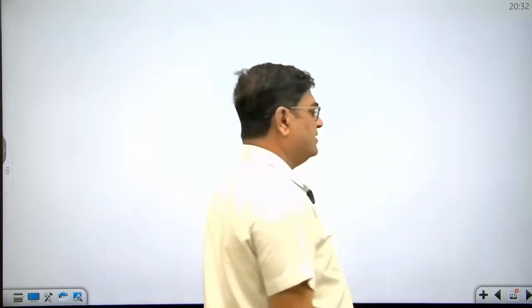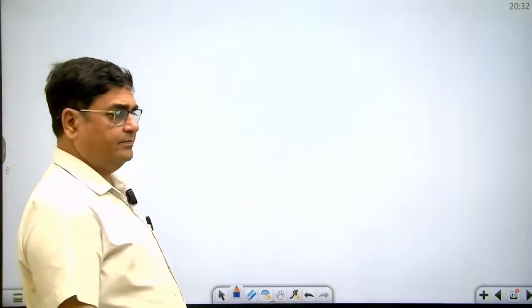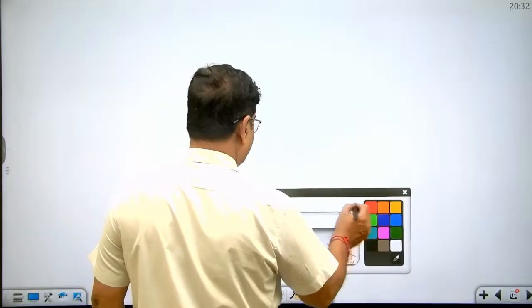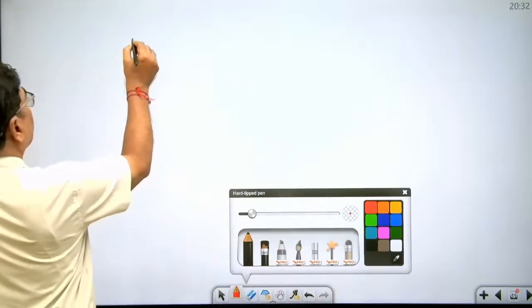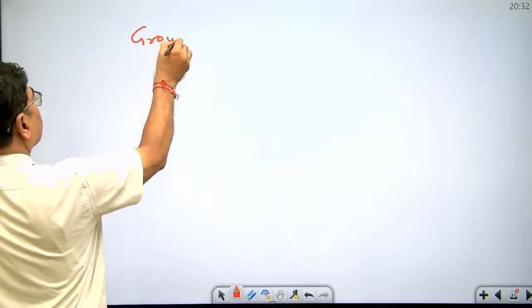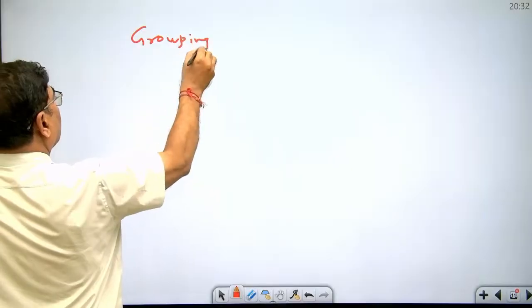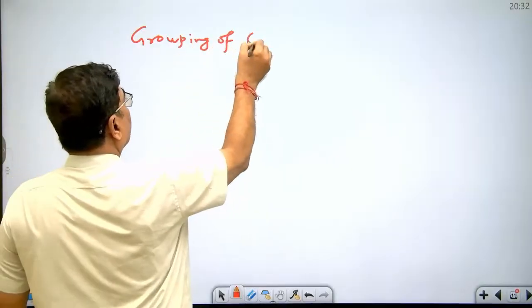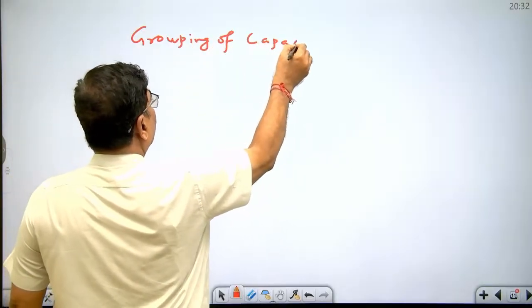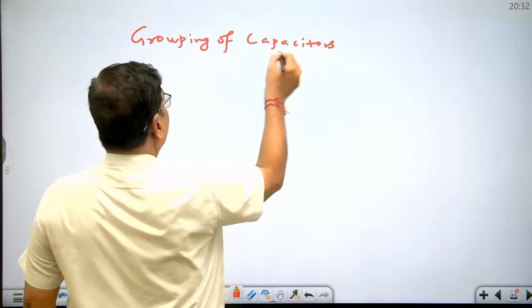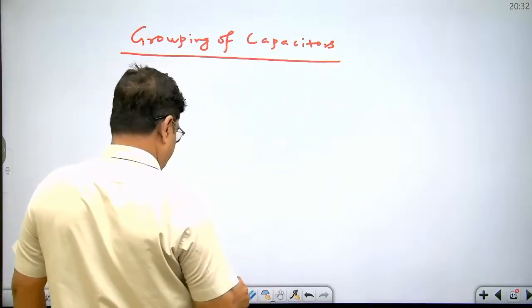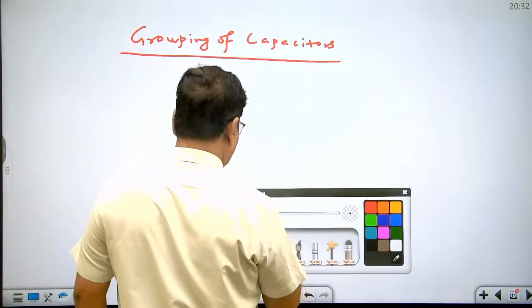Now let's see some important points, that is series and parallel grouping of capacitors. First see series grouping.